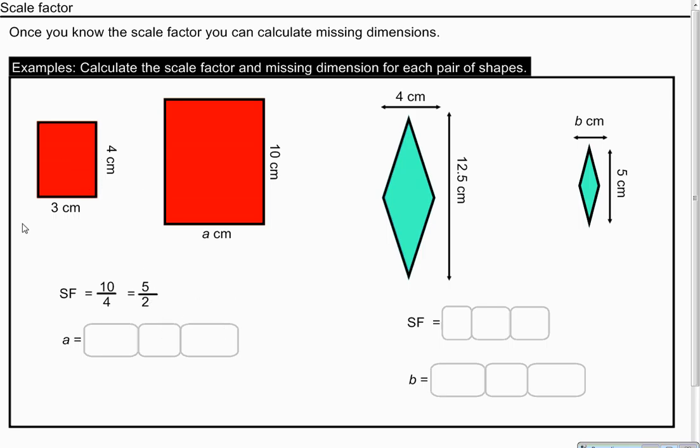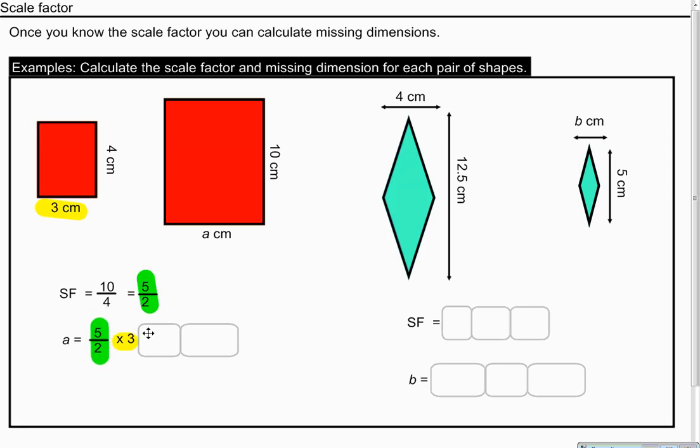So it means this shape here, if I multiply both of the sides by 5 over 2, will give it these dimensions here. So A, the missing dimension, will be 3 times my scale factor. I have taken the missing dimension 3 and multiplied it by my scale factor.